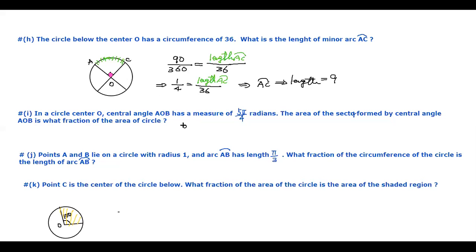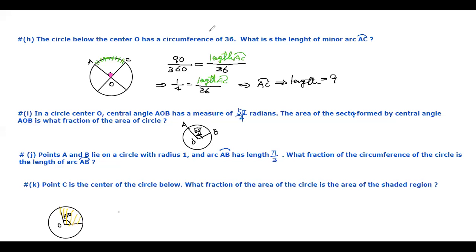So this one basically tells you I have a circle here, and I also have angle AOB here. The O is here, so this is AOB, correct? The angle here is 5 pi over 4.